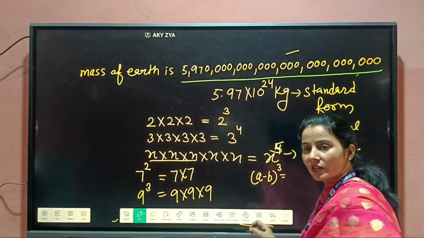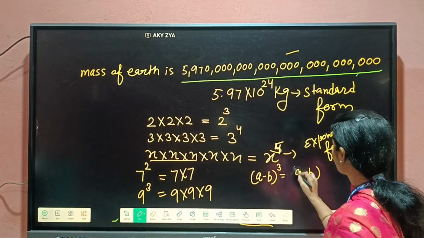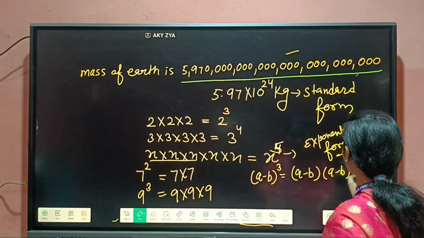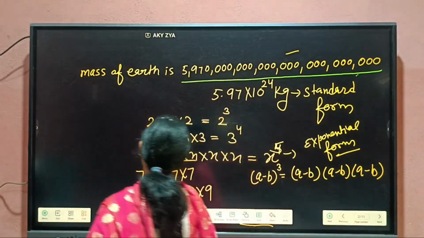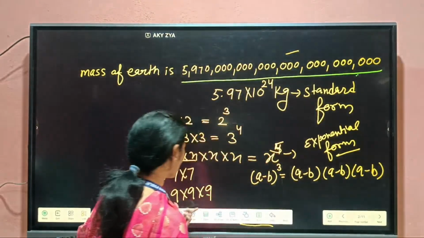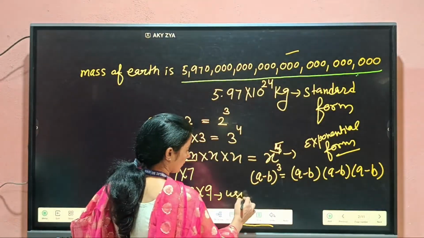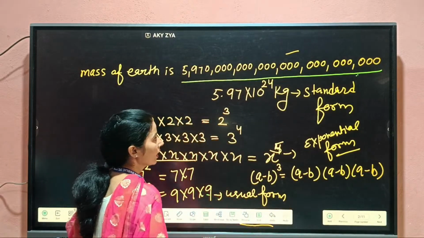This is its exponential form. I can write it as (a minus b) 3 times, (a minus b) into (a minus b) into (a minus b) in usual form.